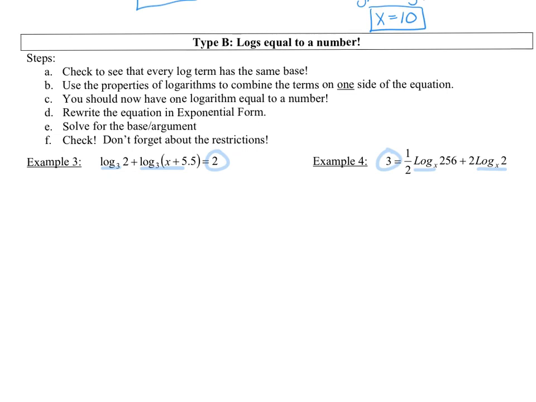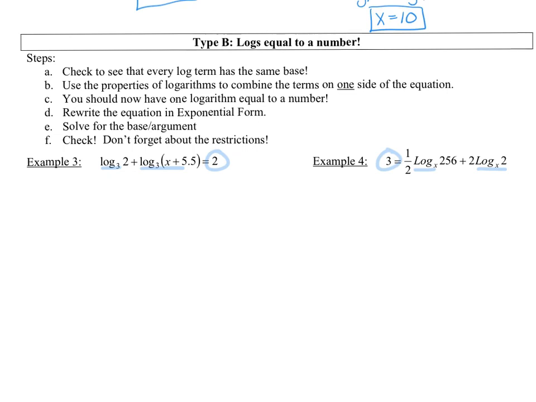So when you start solving this problem, the first thing that you want to do is have all of the logs on one side of the equal sign and anything that does not have a log on the other side, and it should be equal to one single number. You also want to check to see if you have a common base, which in example 3 and example 4 we do.